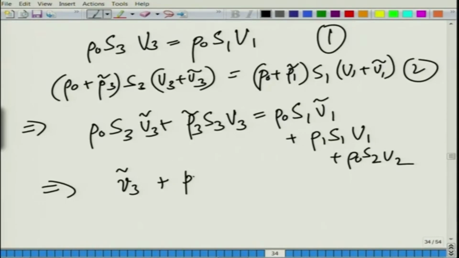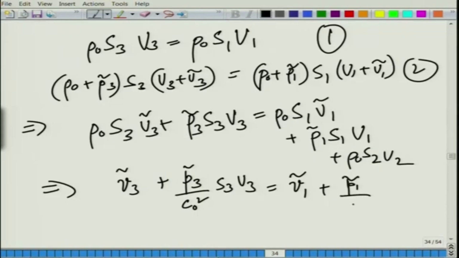So, we get P3 tilde by C naught square into S3 U3, where U3 is the mean flow, and this is nothing but V1 tilde, and here this is really your P1. So, here we get P1 by C naught square S1 into U1, and the perturbation or the acoustic mass velocity in the annular cavity.